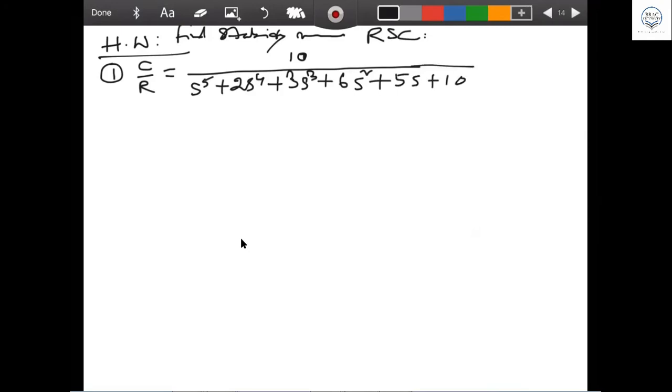All you have to do is find stability using RSC. This is the question. Now this question I'm giving you is for you to solve at home, based on the knowledge you already got.